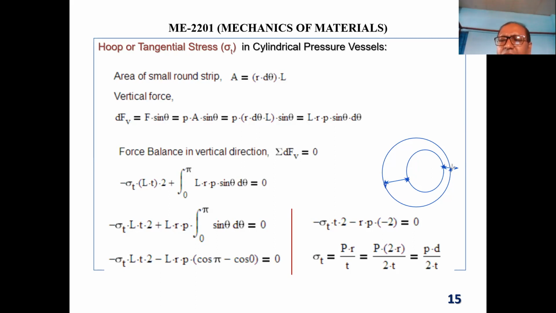Okay. But how is a pressure vessel made? If you look at the gas cylinder in your car or in your home, you are able to see this is the pressure vessel, and lengthwise there is a welding. You will see along this point there is a welding going throughout the length of the pressure vessel.